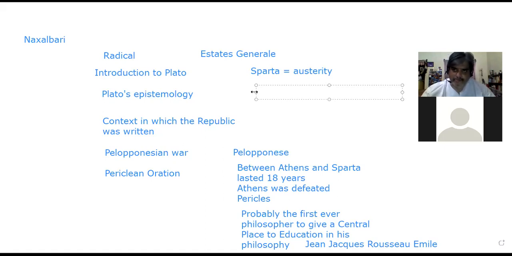It was supposed to be the king was the first estate. The lords were the second estate. The people were the third estate.